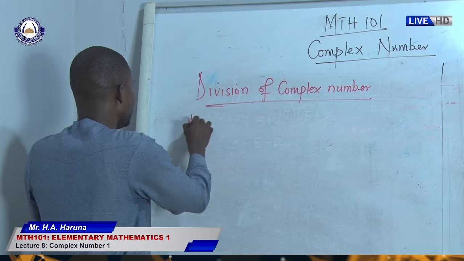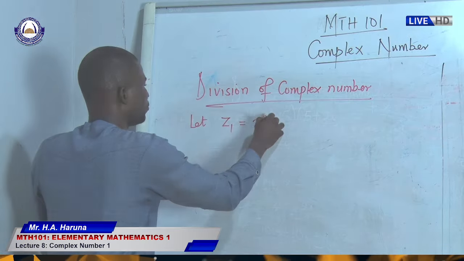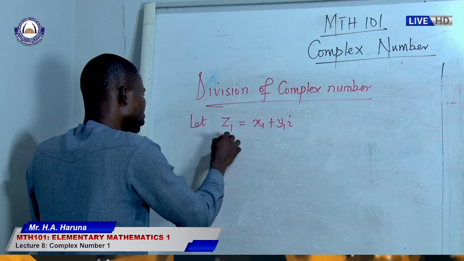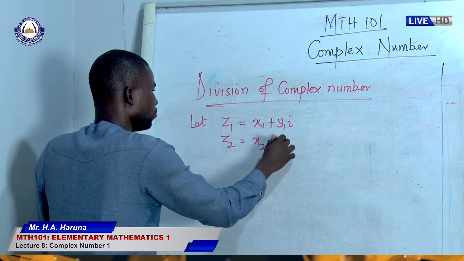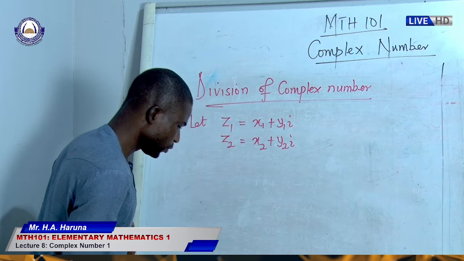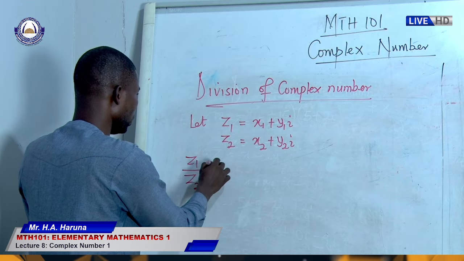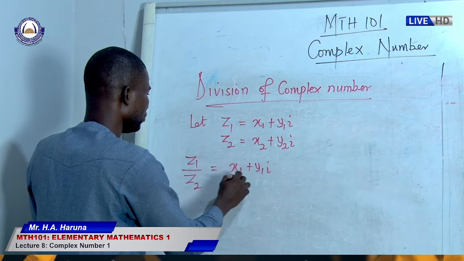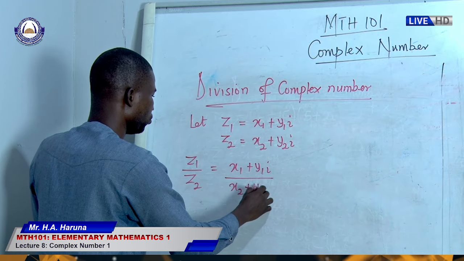okay, let z1 equals x1 plus y1i, and you have z2 equals x2 plus y2i. Now z1 divided by z2 equals x1 plus y1i over x2 plus y2i.